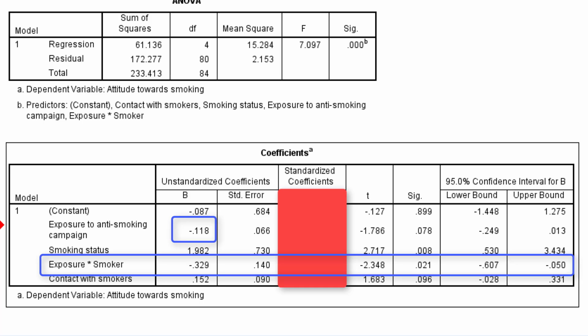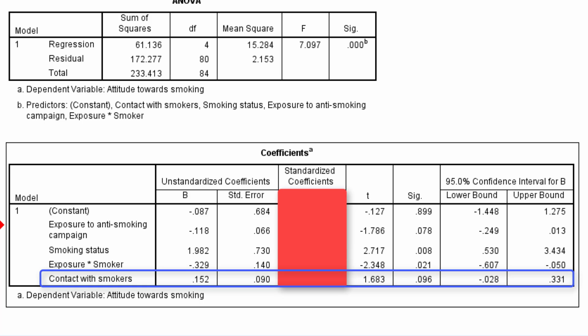So here the effect of exposure on attitude is clearly more negative. It's also statistically significant at the 0.05 level, and according to the confidence interval, the difference between the slope of the smokers and the non-smokers will be negative, ranging somewhere between -0.61 and -0.05.